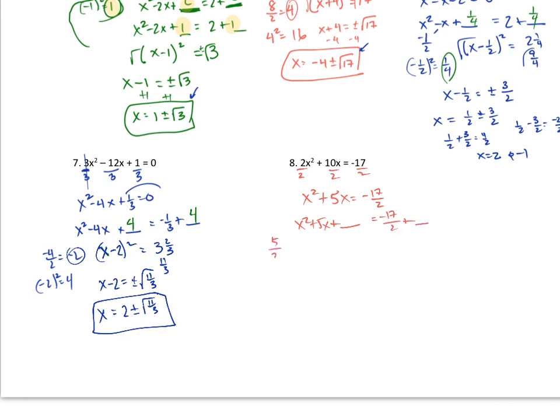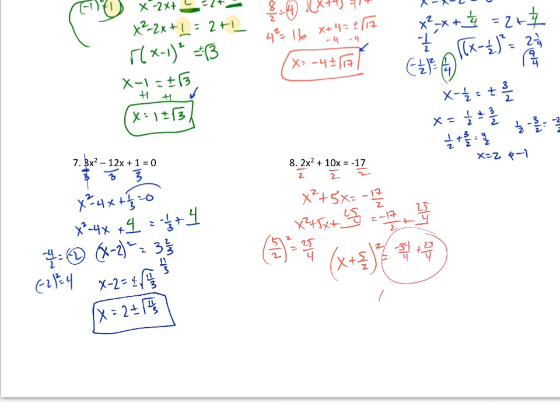Take your 5 divided by 2, half of it, and then square it. You'll get 25 over 4, 25 over 4. So you'll get x plus 5 over 2 quantity squared equals, and then this is going to be negative 34 over 4 plus 25 over 4.